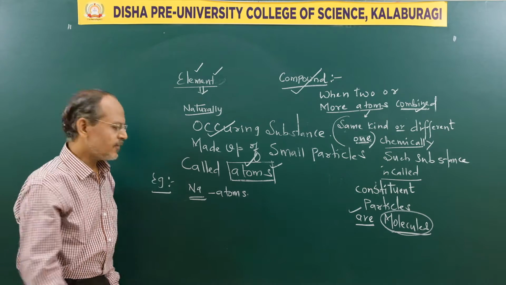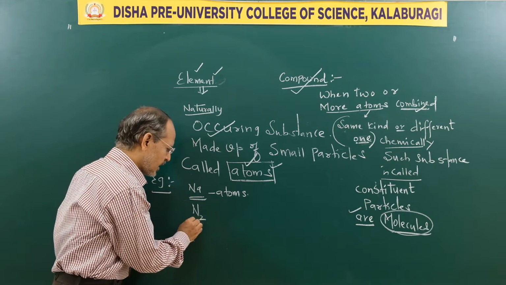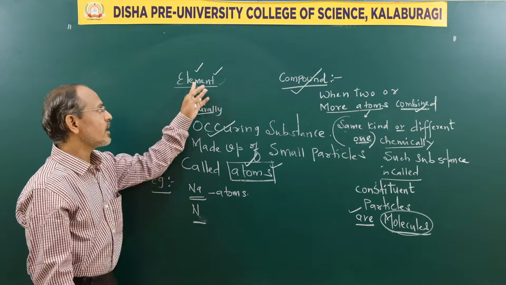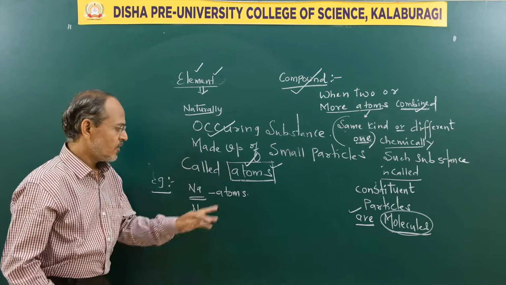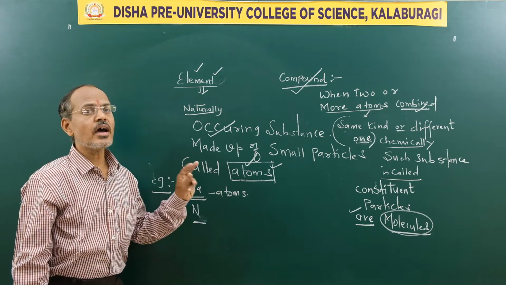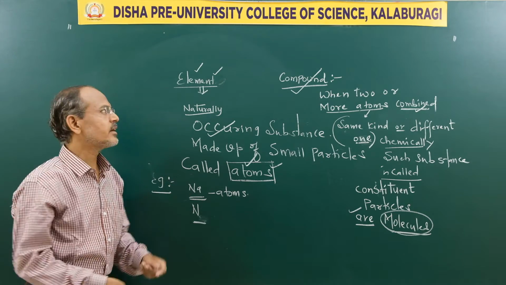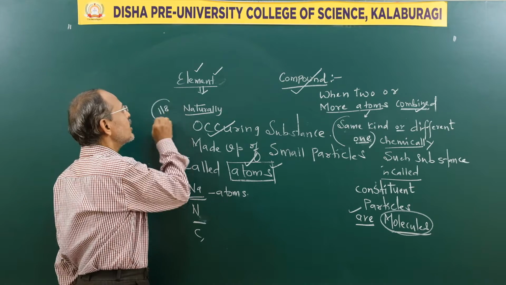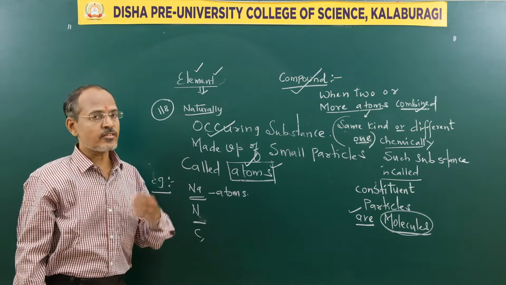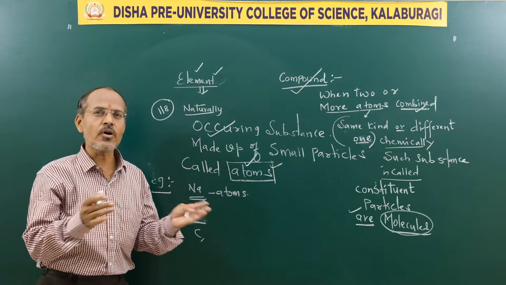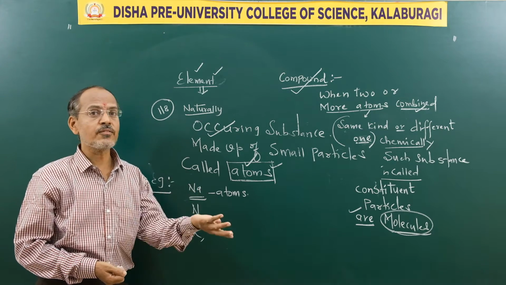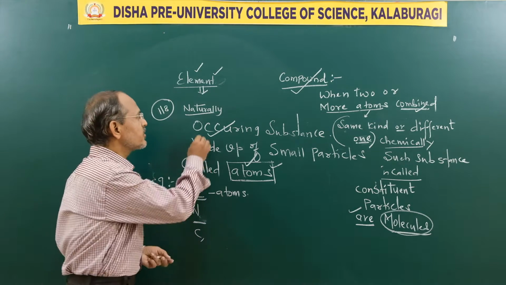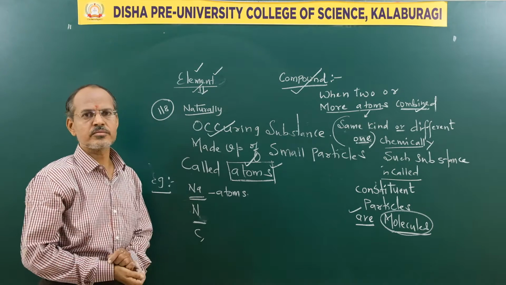Another example, if I take nitrogen, N2, or I can say N. Nitrogen is again an element which is made up of nitrogen atoms. Like that, carbon. There are 118 elements. Most are naturally occurring and a few are synthetic, that is, artificially prepared in the laboratory. So this is the element definition.